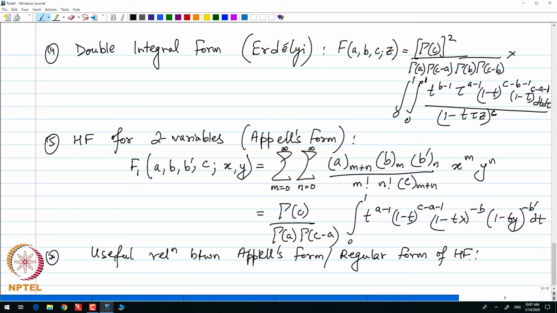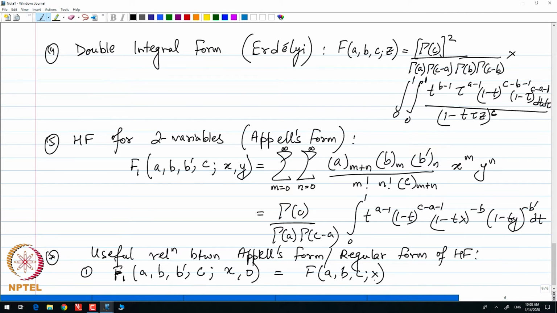Okay. So, the first relation that can be checked quickly is that the Appel's form, which I denote as F1, F1 of a, comma b, b prime, comma c, comma x, comma 0. So, let us say we set one variable to 0, can be seen to be equal to the regular hypergeometric function F of a, b, c, comma x.